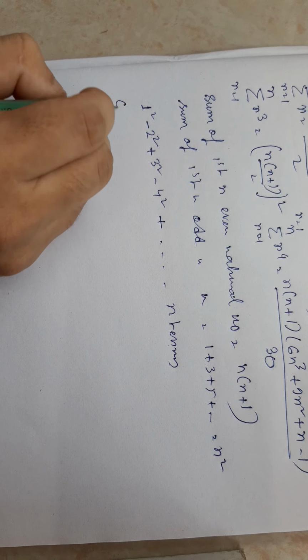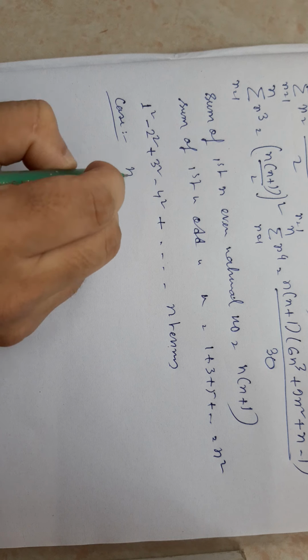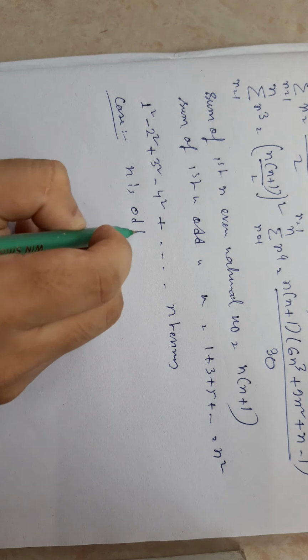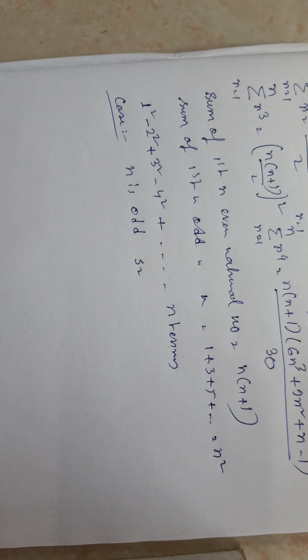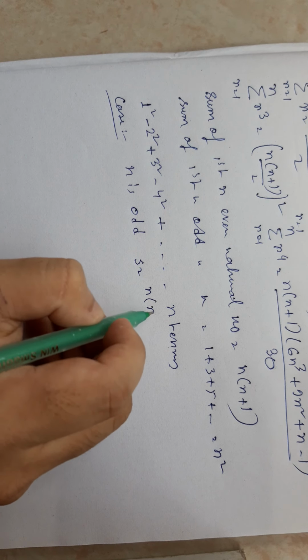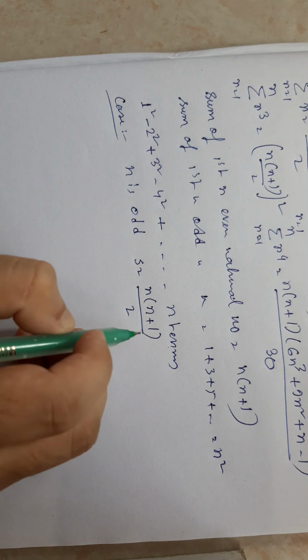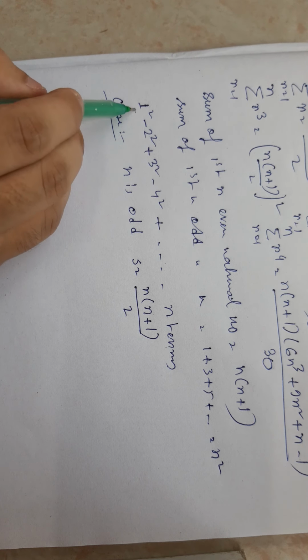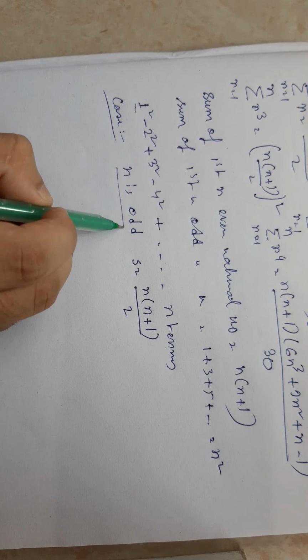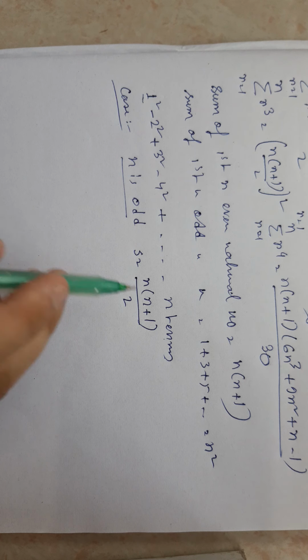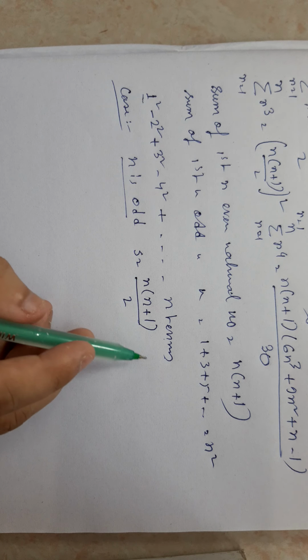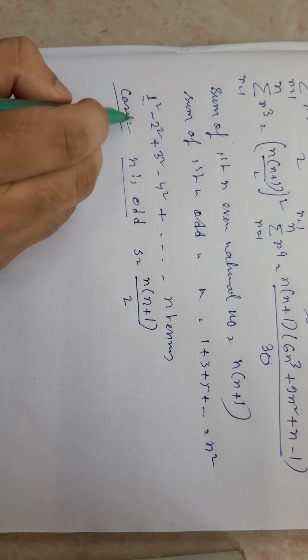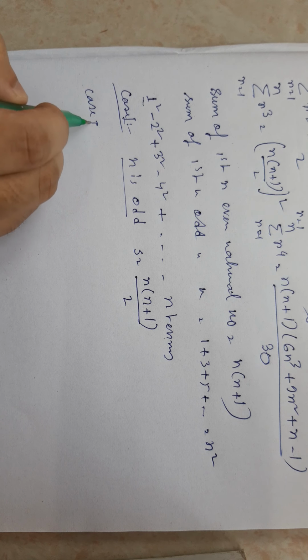Case 1 is when n is odd; then the sum will be n into (n plus 1) by 2, the sum of the first n natural numbers.